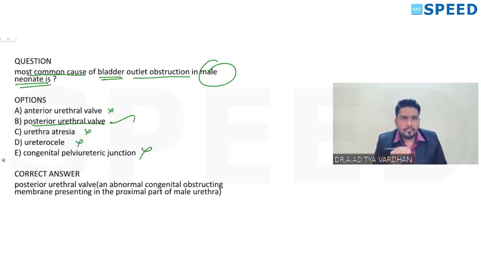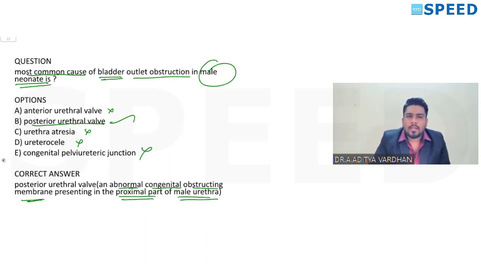First of all, what is posterior urethral valve, sir? It is an abnormal congenital obstructing membrane presenting in the proximal part of male urethra. First of all, diagram. This is the bladder. This is the posterior urethra.